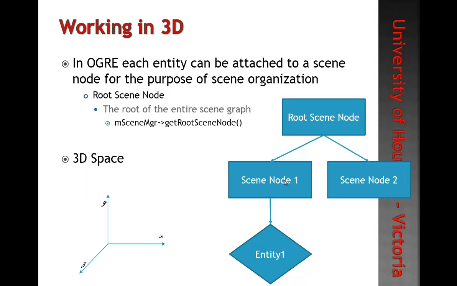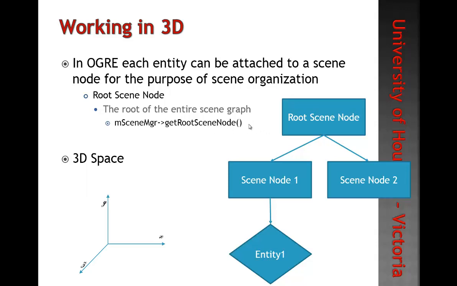What we did last time, when we wanted to attach our light or our ninja mesh into our scene, was to call up the scene manager object, ask it to give us the root scene node, and then attach our objects to it.